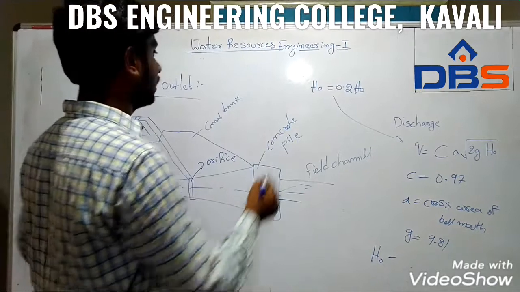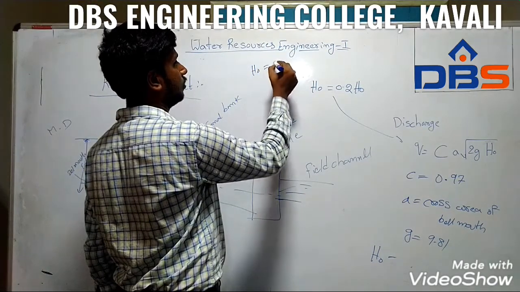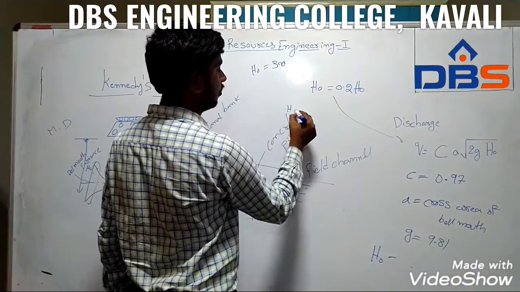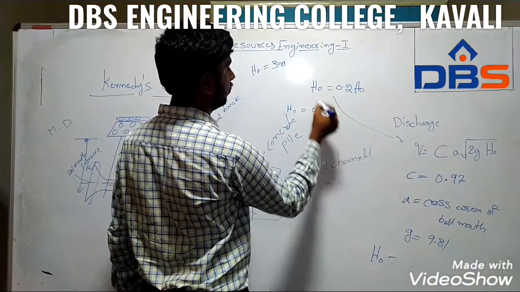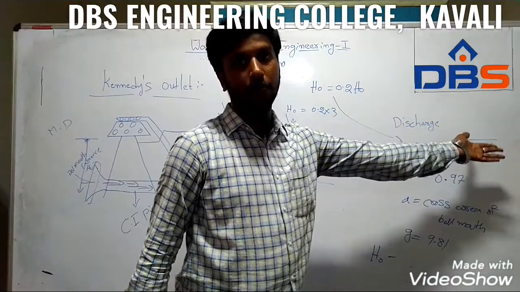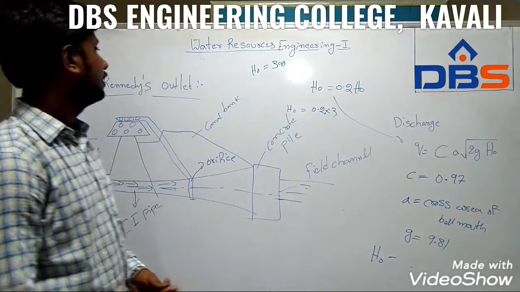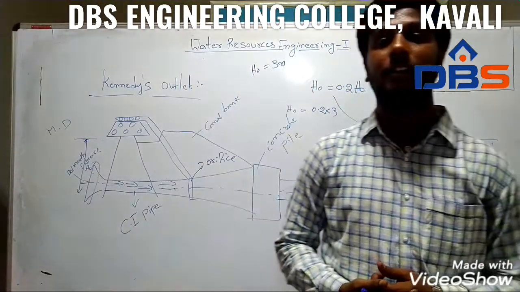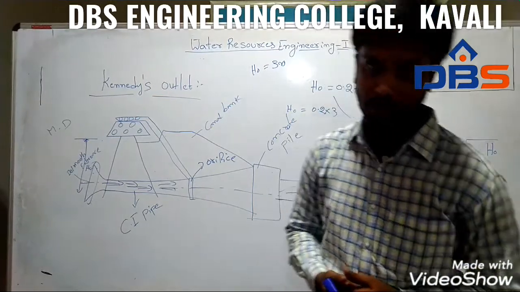Generally here we calculate H0 equal to 3 meters, but here we use H0 equal to 0.2 into 3. In this manner we use the discharge formula, and then we are able to calculate the discharge value through Kennedy's outlet. So this is the working condition of Kennedy's outlet.